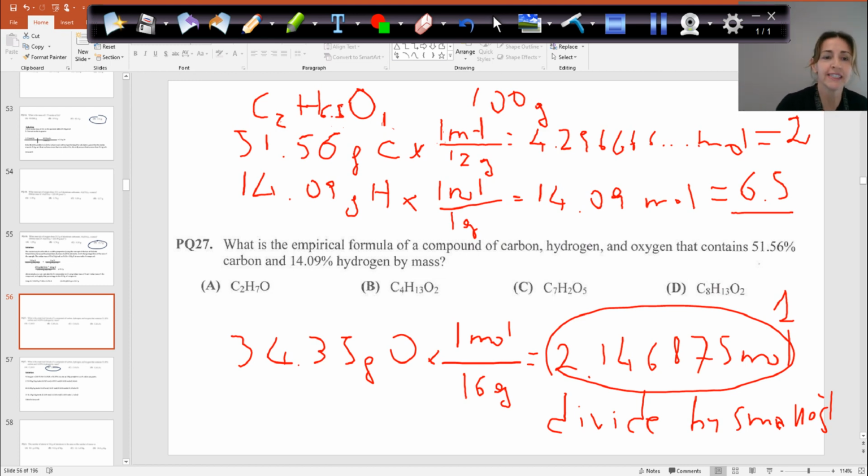So instead of having 2, 6.5, and 1, I multiply everything by 2, so now this becomes 4, this becomes 13, and this becomes 2. So I kept the same ratio, the same proportions, but now I have whole numbers. Does it make sense to everybody?